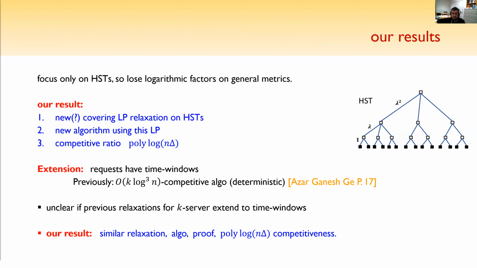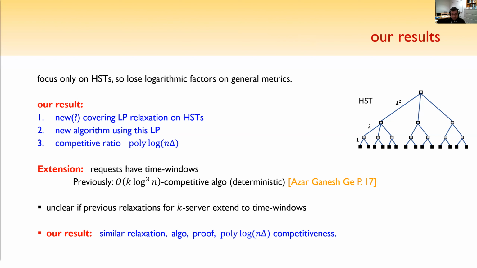And previously, for the K-server problem with time windows, the only results known had polynomial factors in K. So this improves the dependence on K exponentially, but it comes at the cost of some dependence on the aspect ratio of the metric space.